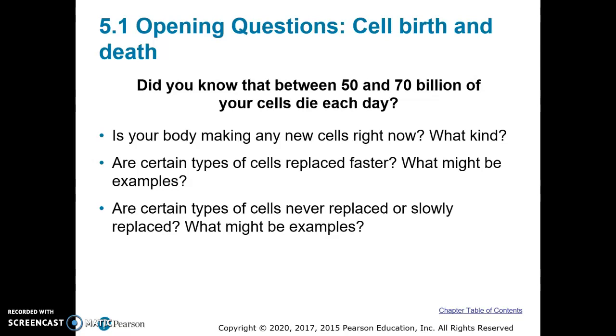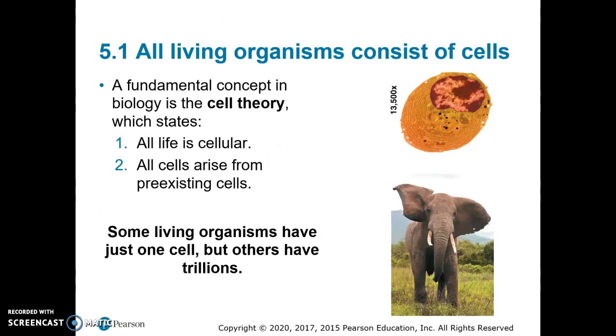Some of these vital organs come to mind, and some of the health issues associated with them are because of this exact fact, that they are never replaced or they're replaced slowly. So the beginning of this whole chapter is about cells and how we replace them, and then how we reproduce. So how do we replace ourselves?